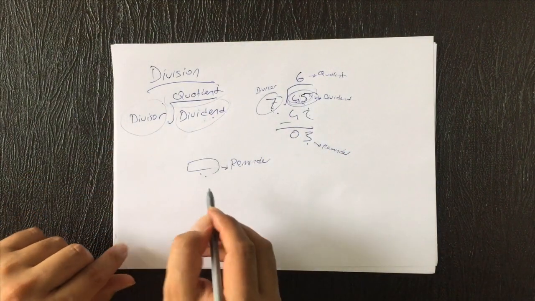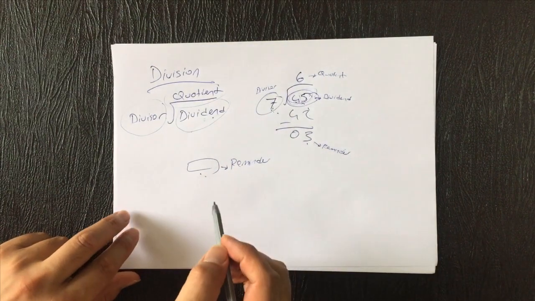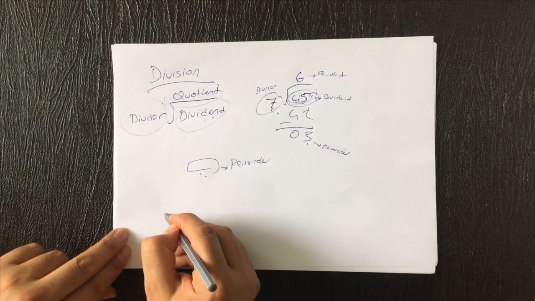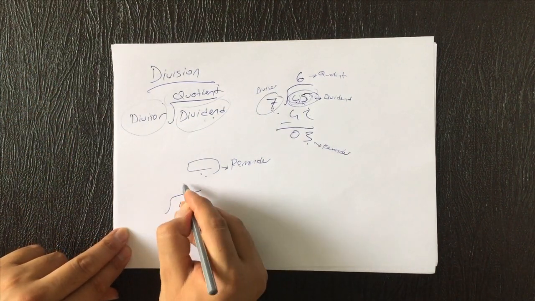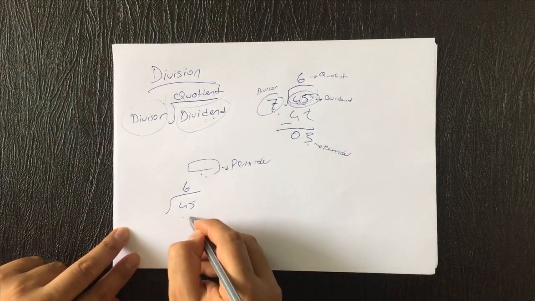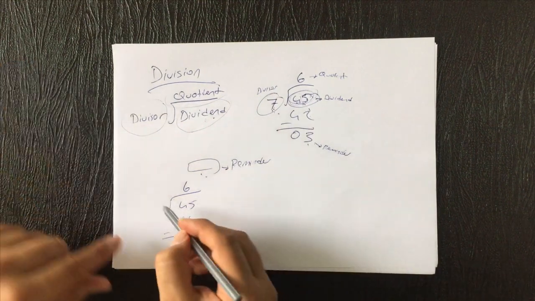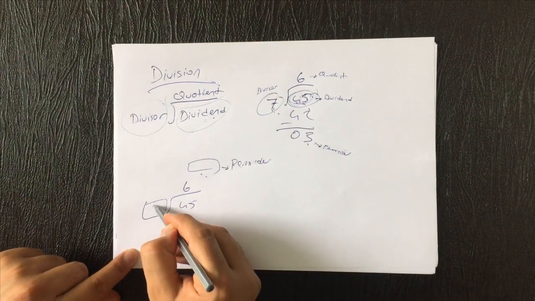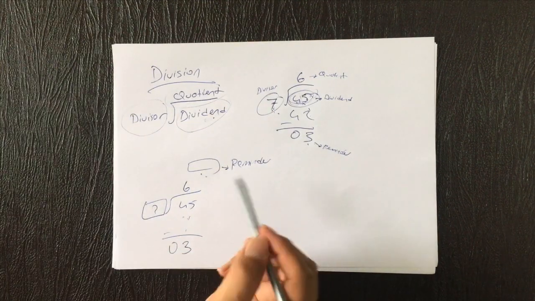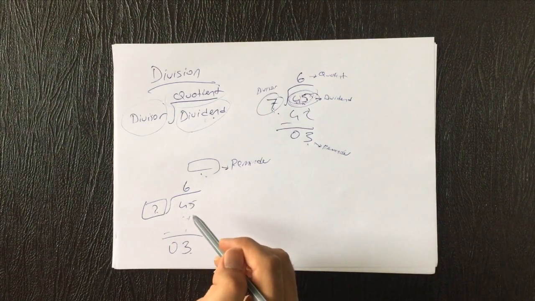If I miss one of the numbers, for example the 7, if I lost it like that, and the remainder is 3, how can you find this divisor? You have to know that 6 times that divisor plus this remainder is giving this.